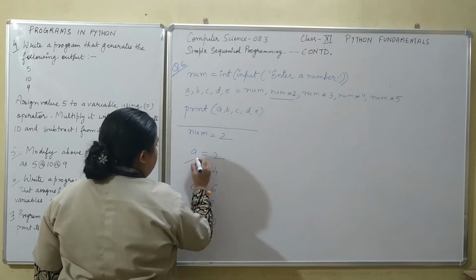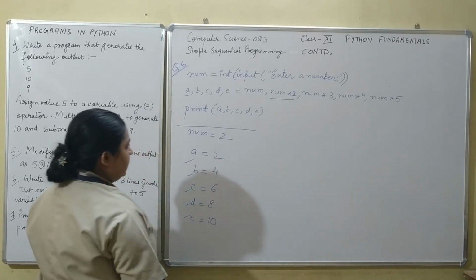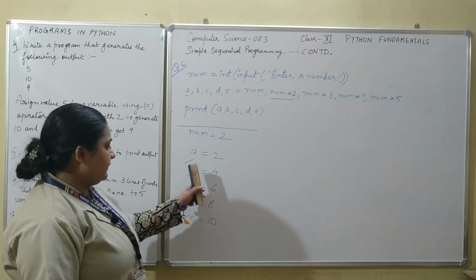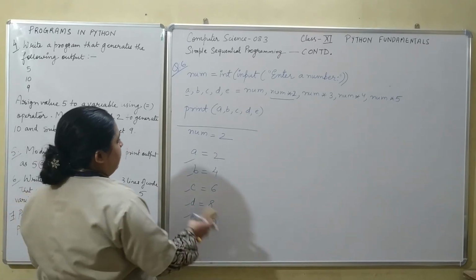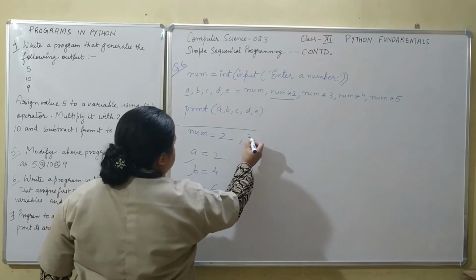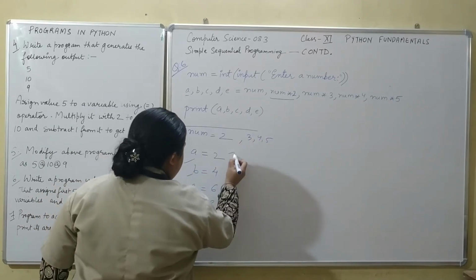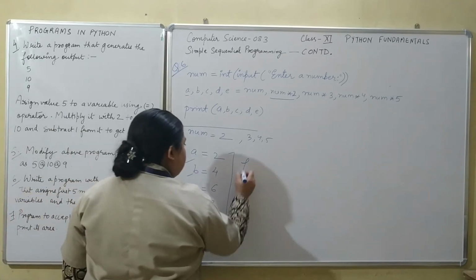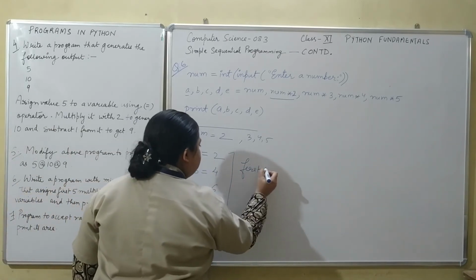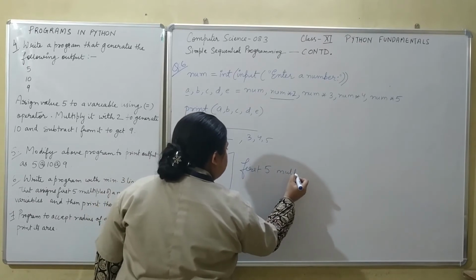So this way A, B, C, D and E will contain all the first 5 multiples of the given number 2. So likewise, if you provide any number 3, 4, 5, A to E, these 5 variables will contain the first 5 multiples of the given number.